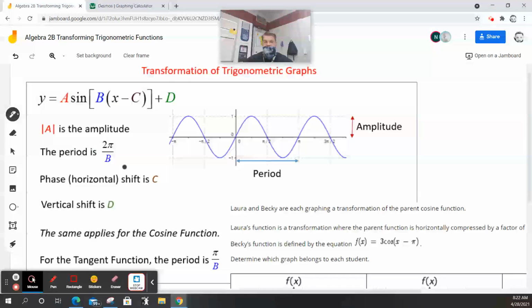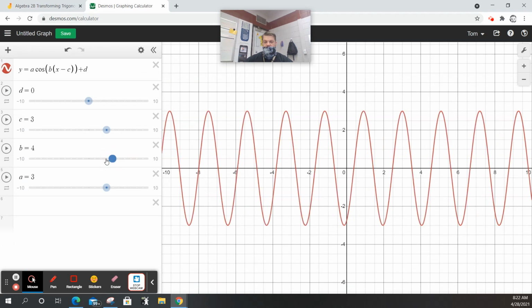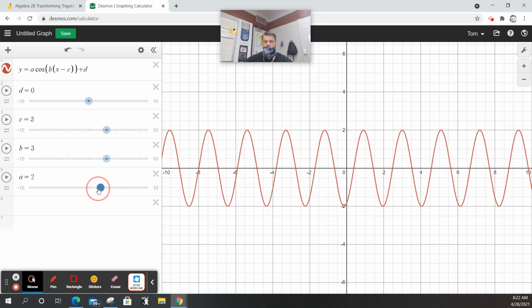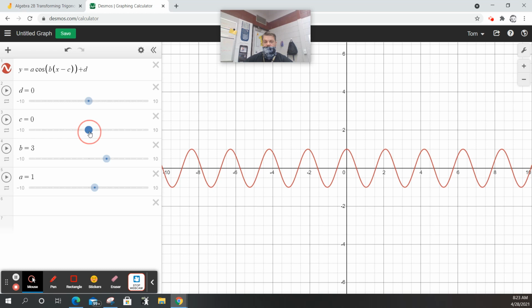B does the compression, right? Compression by a factor of 3. I think if I change B to 3, and A goes back to 1, because that's the only transformation, and C is 0, you get a function that kind of looks like this.